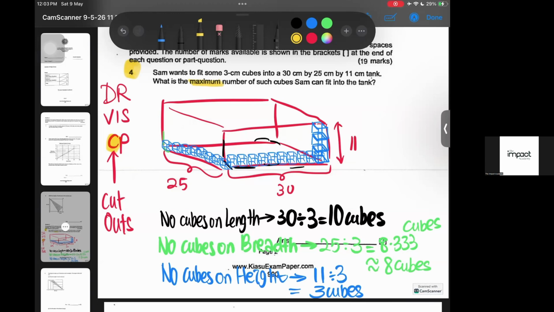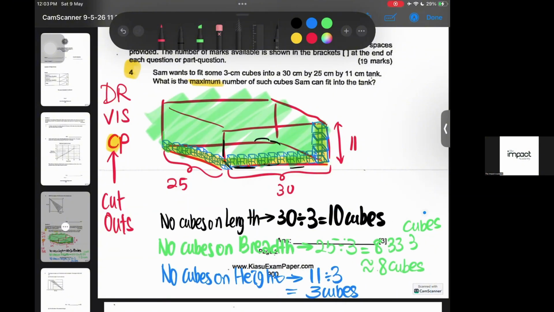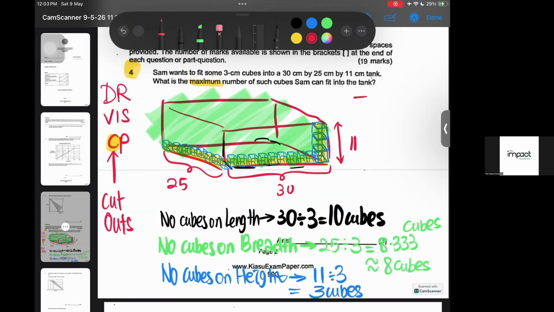And then I look at you, I'm like, whatever you just found is only the length, breadth, and height. What are we actually hoping to find? We are going to fill the entire tank, so if you want to find everything, you are finding the volume. Am I making sense or not? Okay, all right.